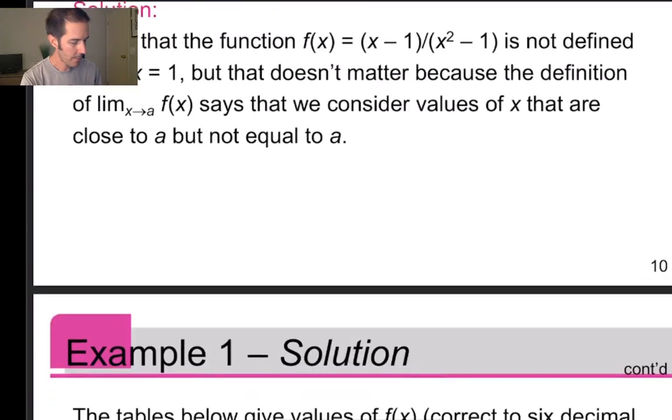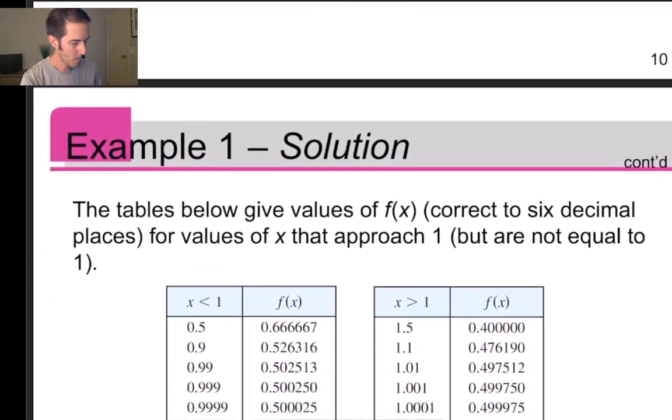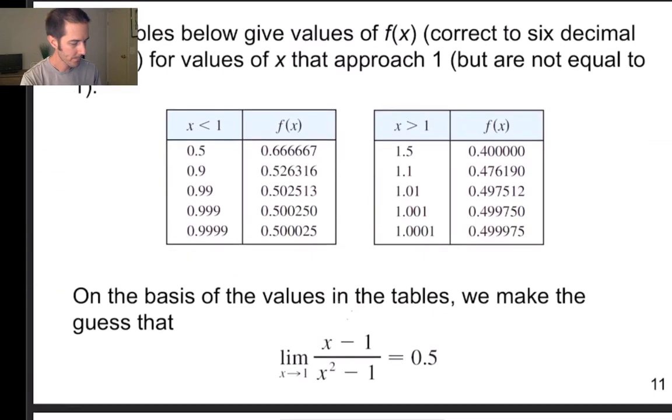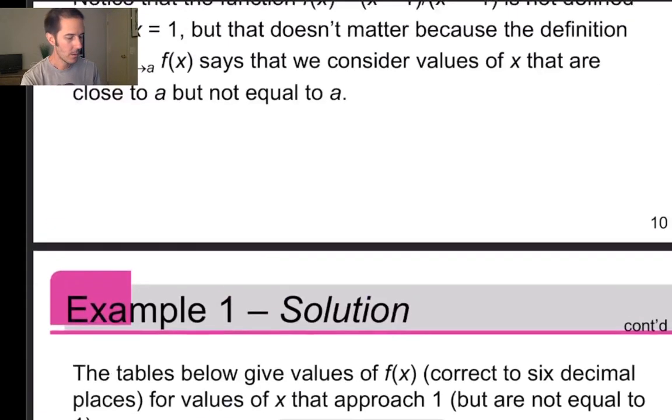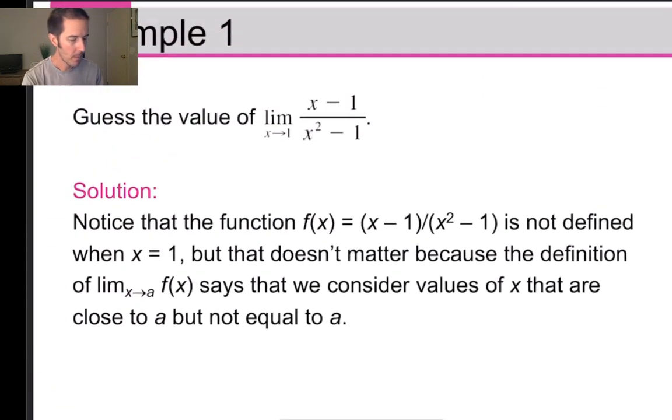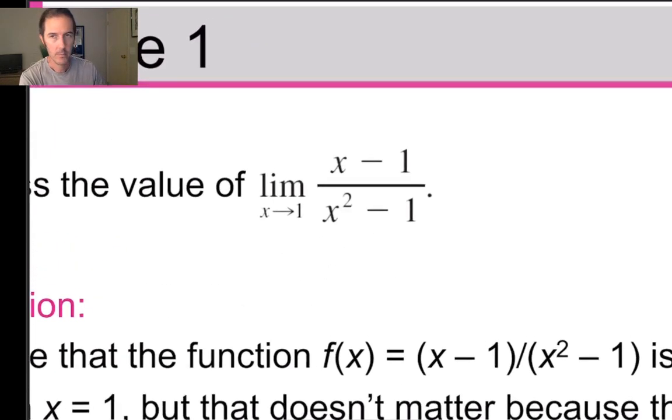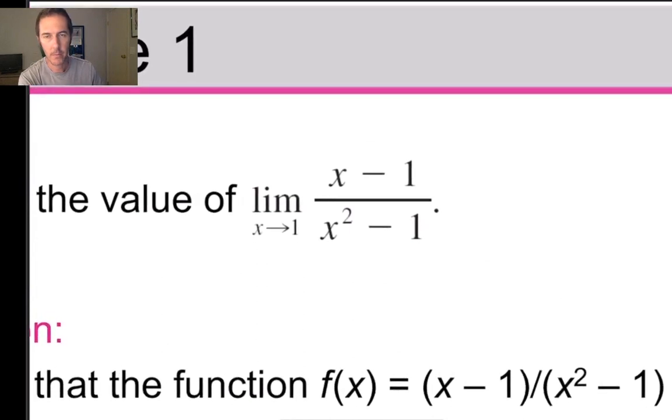Do I want to talk about that? We'll talk about it briefly. The tricky part about this particular limit is that our x values are approaching 1, which in and of itself is not so bad.